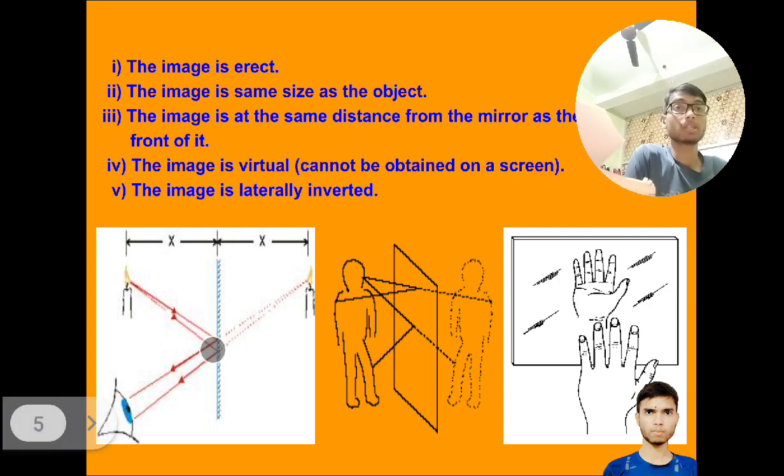Now this first figure, what is it saying? Let's see. Here is an eye. A person is observing. This eye is here. Light is coming from this candle, and here is a mirror.